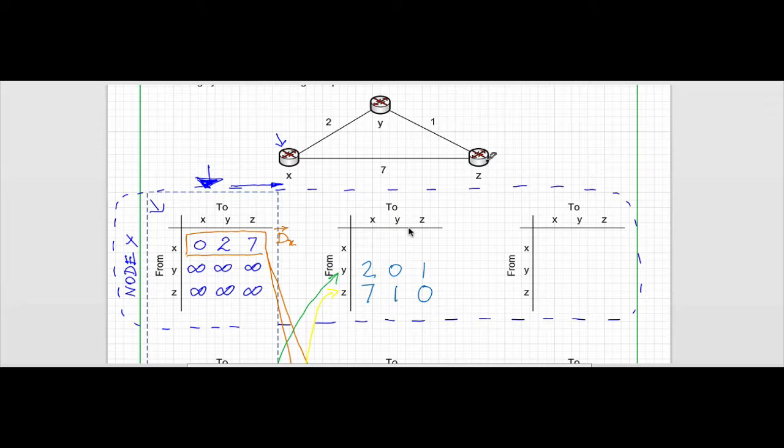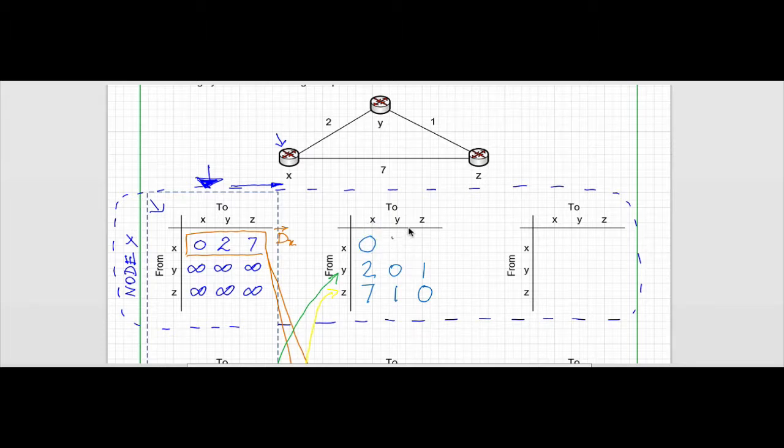And also a message that Y can reach X at a cost of 2 and Z at a cost of 1. So this one's interesting because now X knows that if it goes through Y, it can reach Z at a cost of 2 plus 1. So X recomputes this and says, well, from X to X there's always 0. From X to Y, nothing has changed.